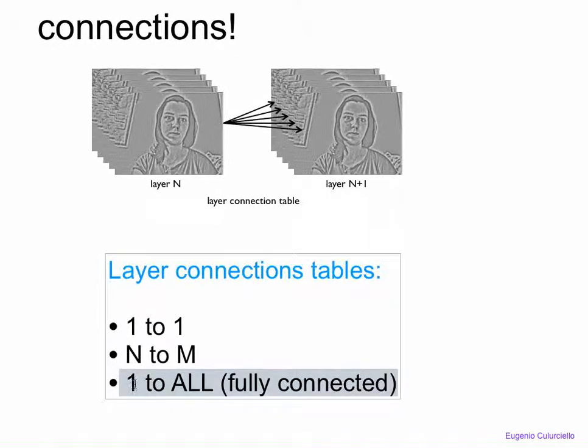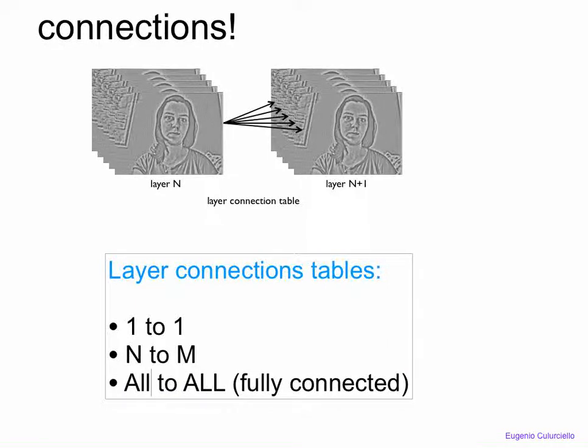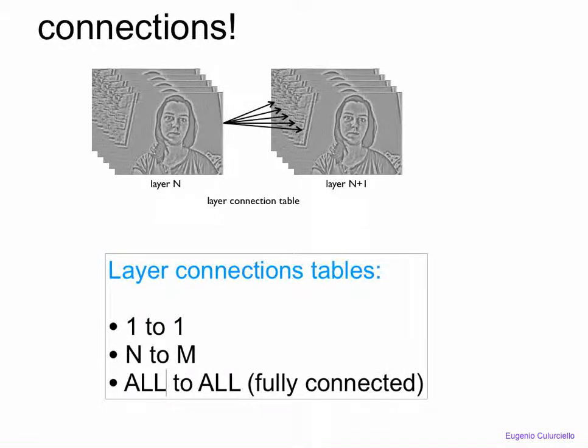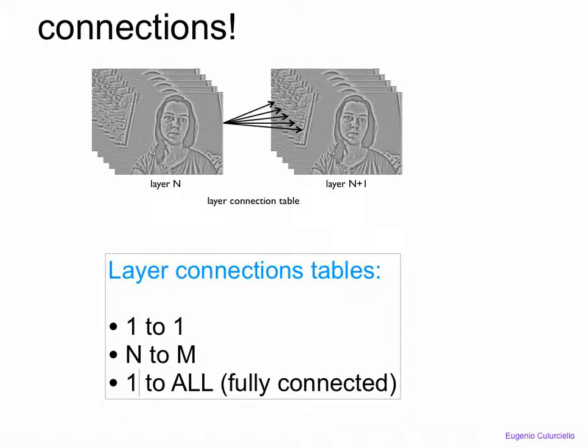Really, it shouldn't be one-to-all, but it should be all-to-all, because you are really connecting every single feature to all the other features in the next layer. Or we can just say one-to-all. As we said, if you're thinking about each one of these maps, how is it connected to all the following maps.